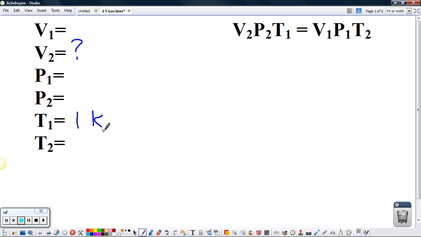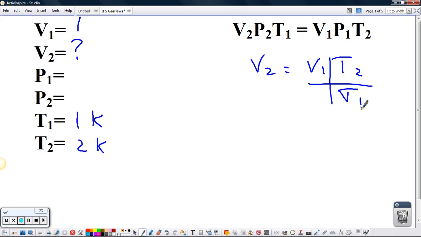What's double 1? 2. I can put any number there I want as long as I double the second number. That's all it says, double it. And then if I let the volume be 1, V2 is equal to V1 T2 over T1, and everything on the right-hand side has a 1 in it right now.